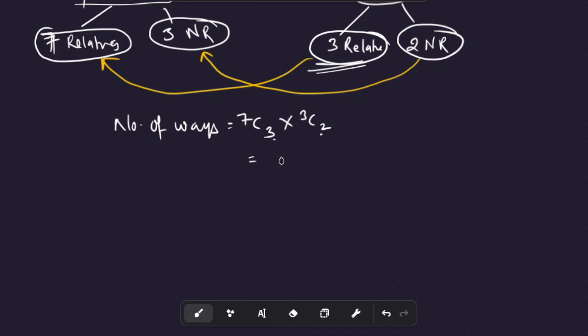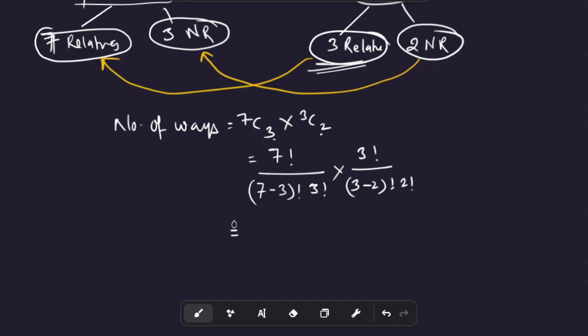Now 7C3 can be written as 7 factorial over 7 minus 3 factorial, 3 factorial. And 3C2 is 3 factorial over 3 minus 2 factorial and 2 factorial.